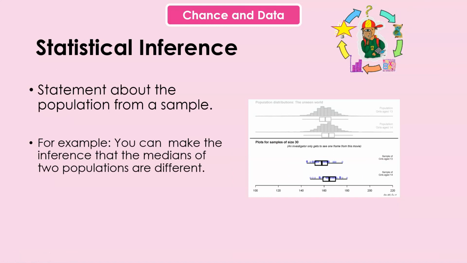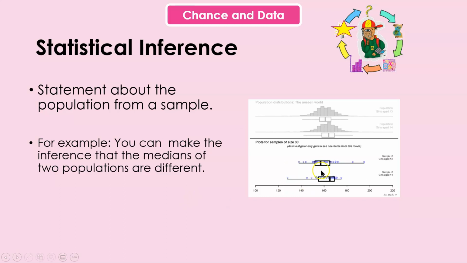That's because whenever you get a sample, it's not going to look exactly like the population. This GIF that we've got here shows different samples that you could take, looking at 30 girls aged 13 and 30 girls aged 14.